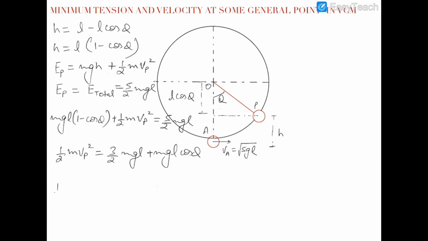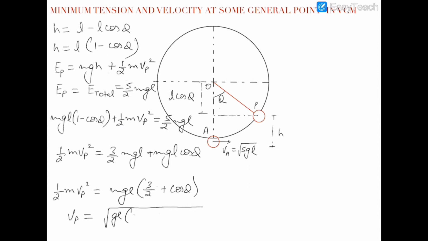Now this half m vp square will be equal to mgL(3 by 2 plus cos theta). This vp will be equal to under root of gL(3 plus 2 cos theta). This is the minimum velocity at point P.